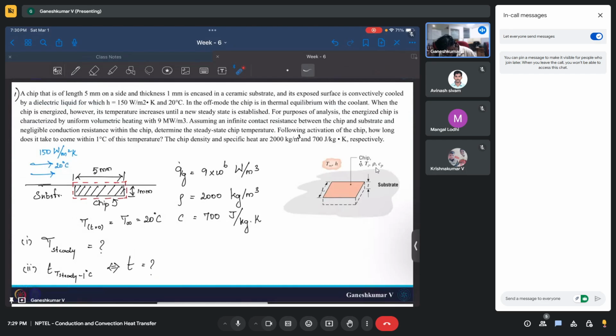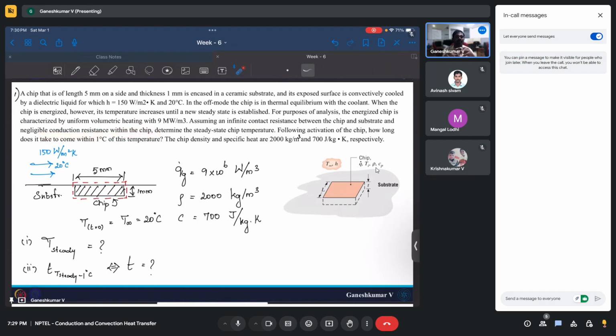So why we need to do this is mentioned here: when the chip is energized, the temperature increases. For purpose of analysis, it has a uniform heating, number one, an infinite contact resistance between chip and substrate, and negligible conduction resistance within the chip.